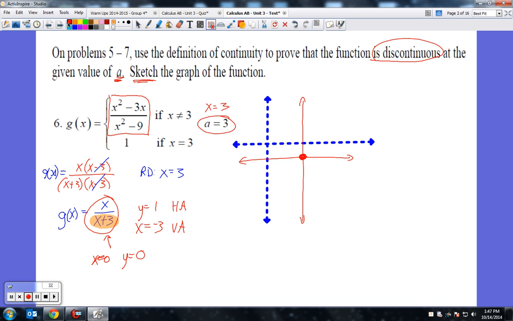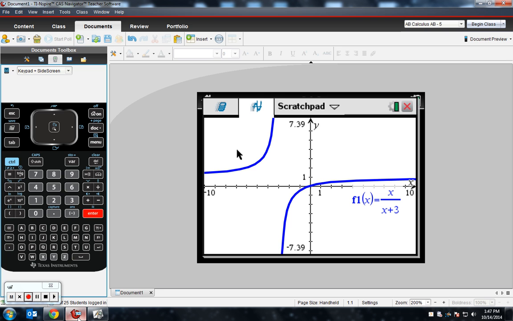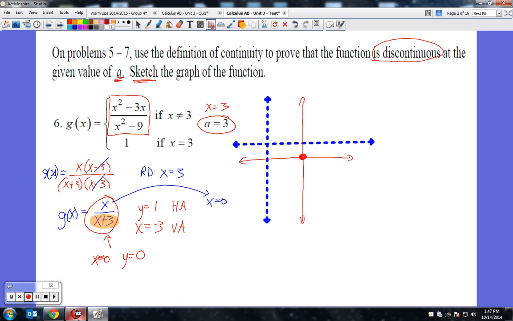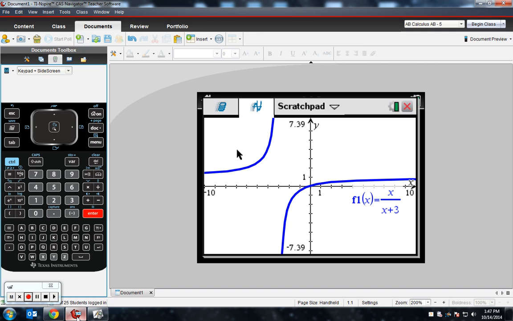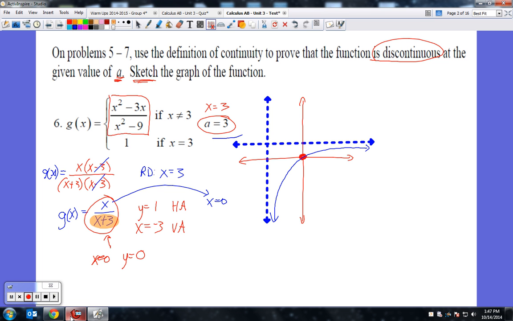Where will it cross the x-axis? Well, if I set the top equal to 0, it's going to cross the x-axis, and it's going to go through the origin. We are validating that with the graph itself, and it will look something like this. And in the top left, it's going to show this characteristic. Alright, so there's my graph.